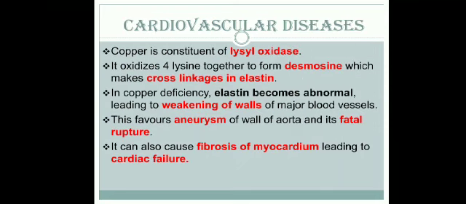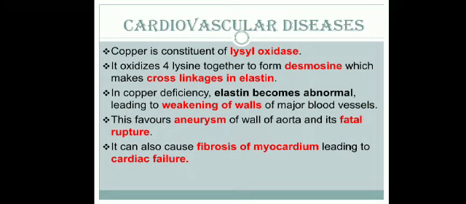Now, the second one is cardiovascular diseases. As we all know, copper is a constituent of the lysyl oxidase enzyme, which helps in the formation of cross links in the elastin molecule by oxidation of 4 lysine together to form a desmosin molecule.